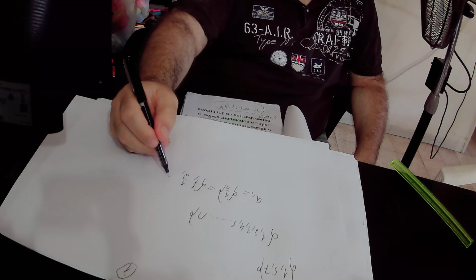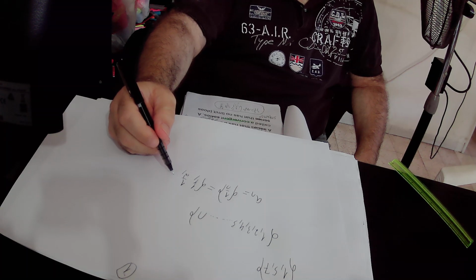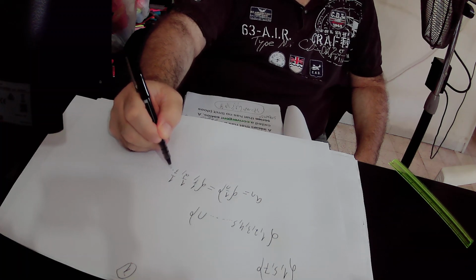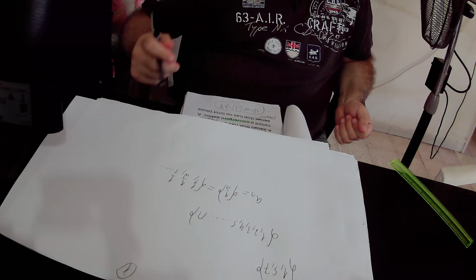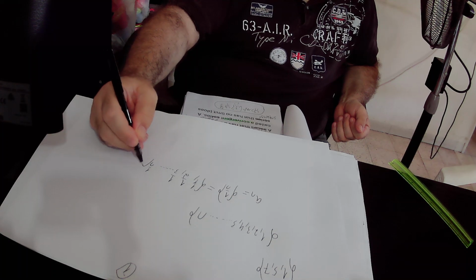The third member is when n equals 3, that is to say it is 1 over 3, etc., until 1 over n.